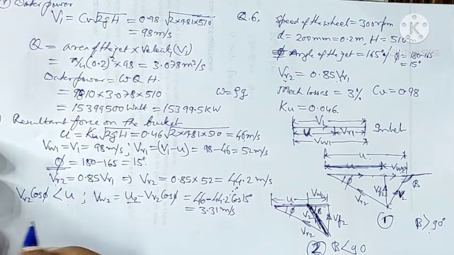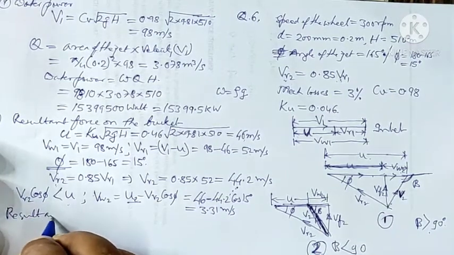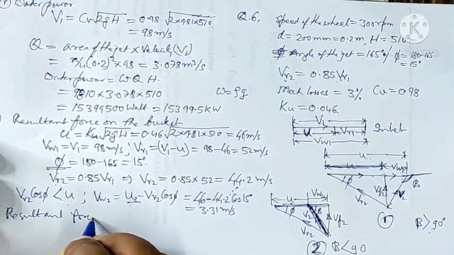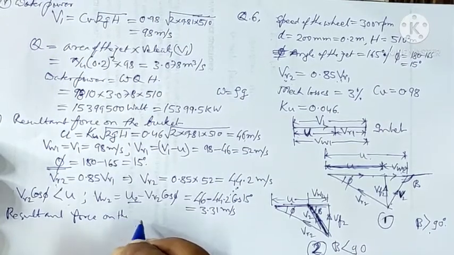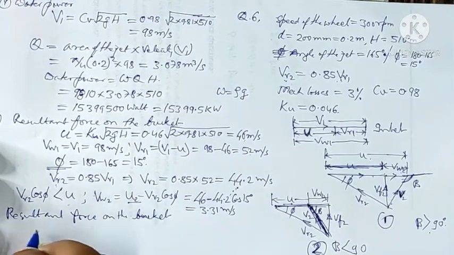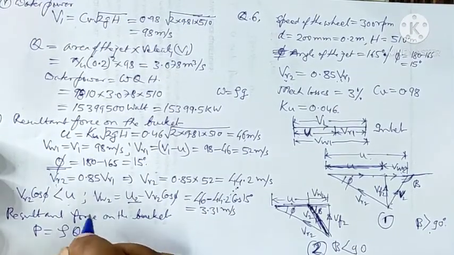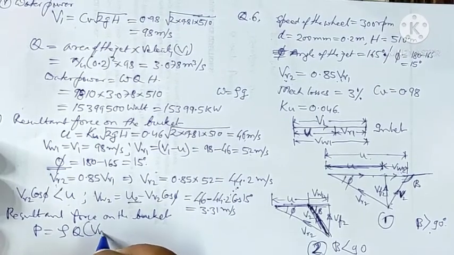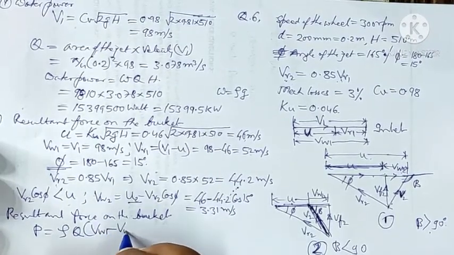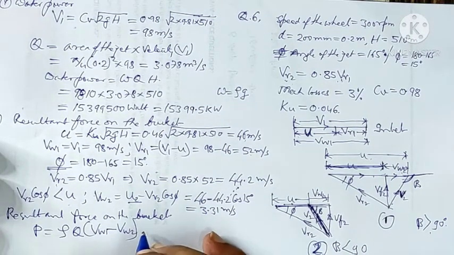The resultant force on the bucket is equal to rho into Q multiplied by VW1 minus VW2. So we will substitute the values.